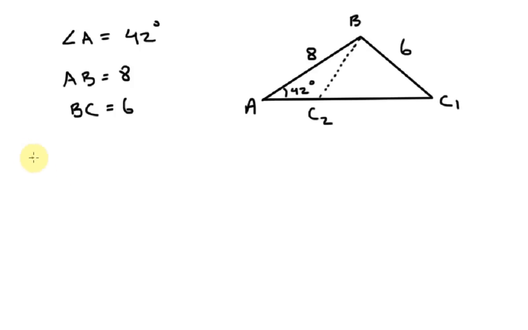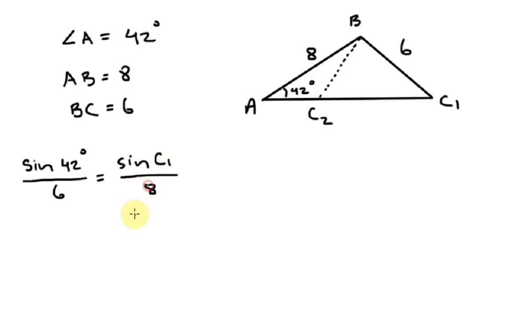So I'm going to start off with the law of sines and say sine of 42 degrees divided by the side across from it, which is 6. And that's going to be true for the sine of angle C. Now, let's say I just didn't know there was any kind of possibility, so I'm just going to call it C1 divided by 8.